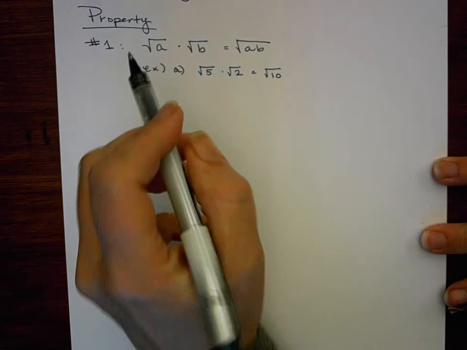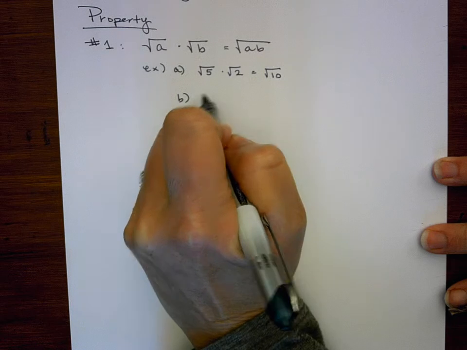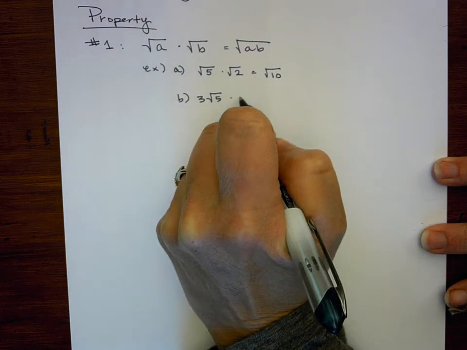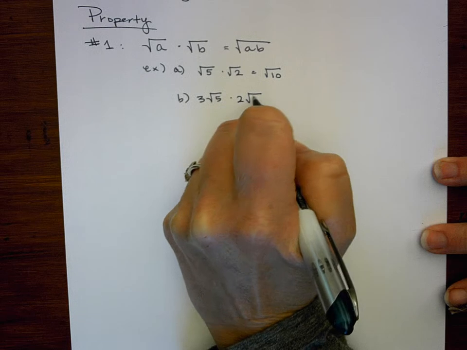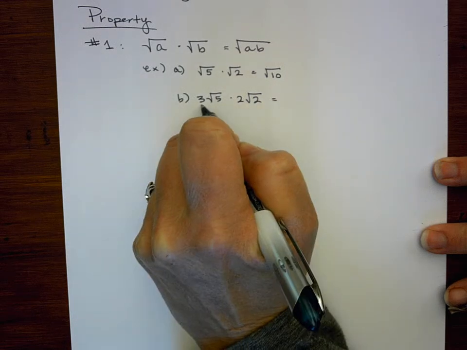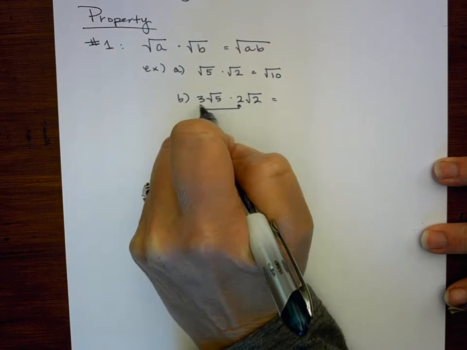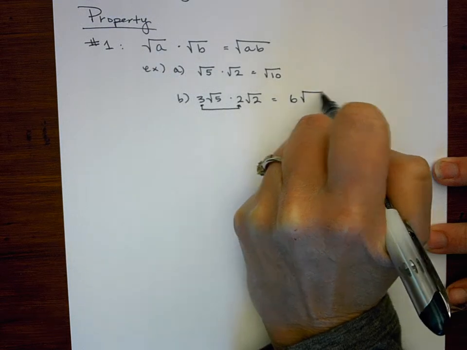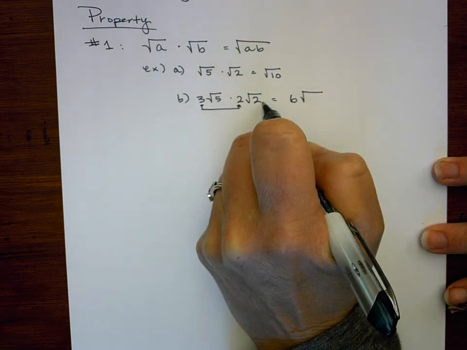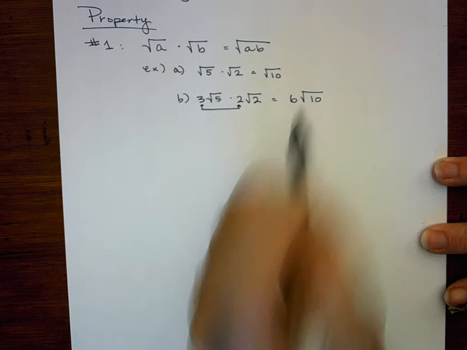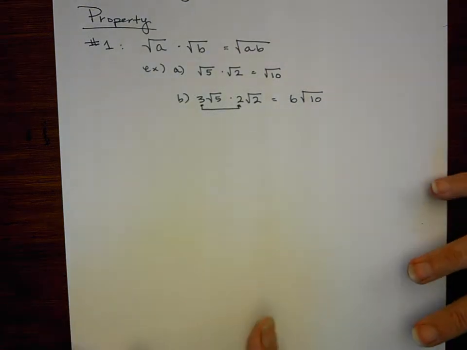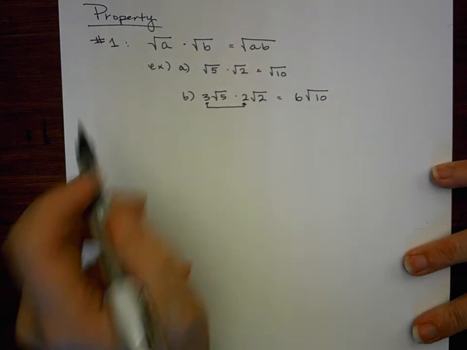But if I had a number in front of that, say I had 3 root 5 times 2 root 2, then I multiply the 3 and the 2 together first, so that would be 6. 3 times 2 is 6. And then I would multiply the square root of 5 with the square root of 2, which would just be the square root of 10. So that's just that first property. And that's true for division as well.